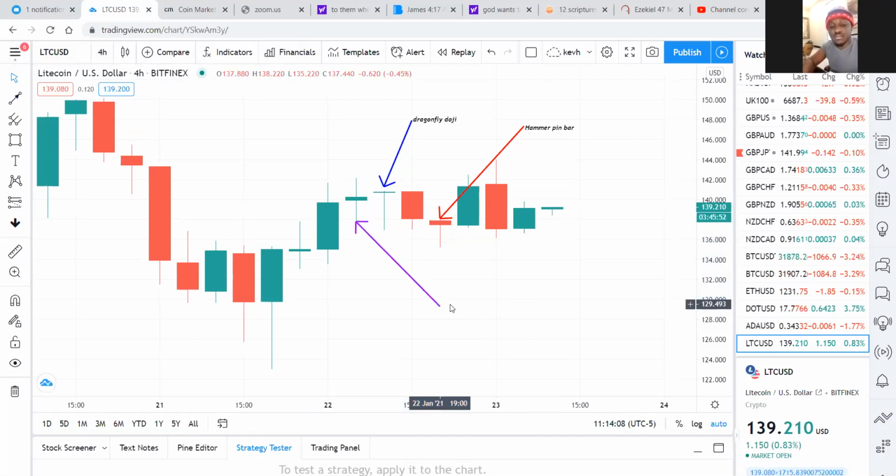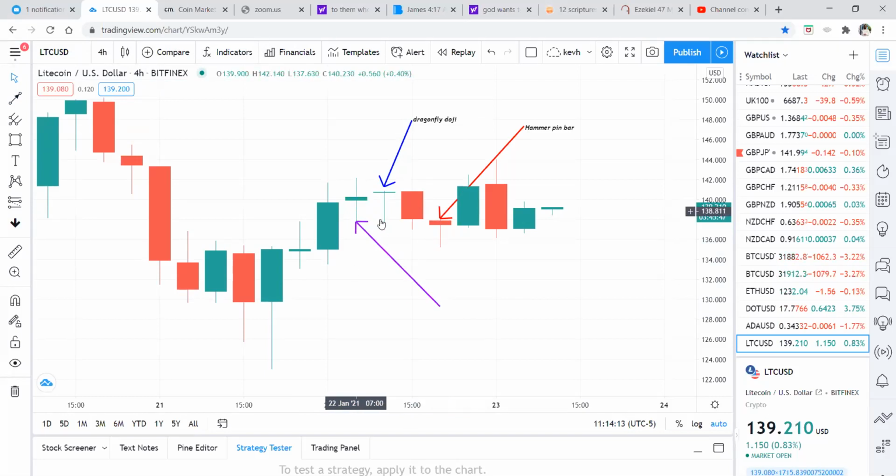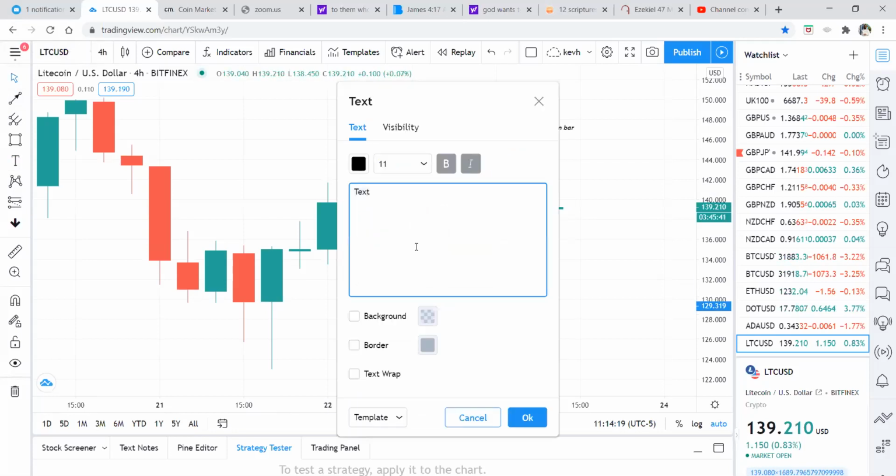Right. Let me see some of the responses. Yes, this is the doji. This is the doji candlestick right here.